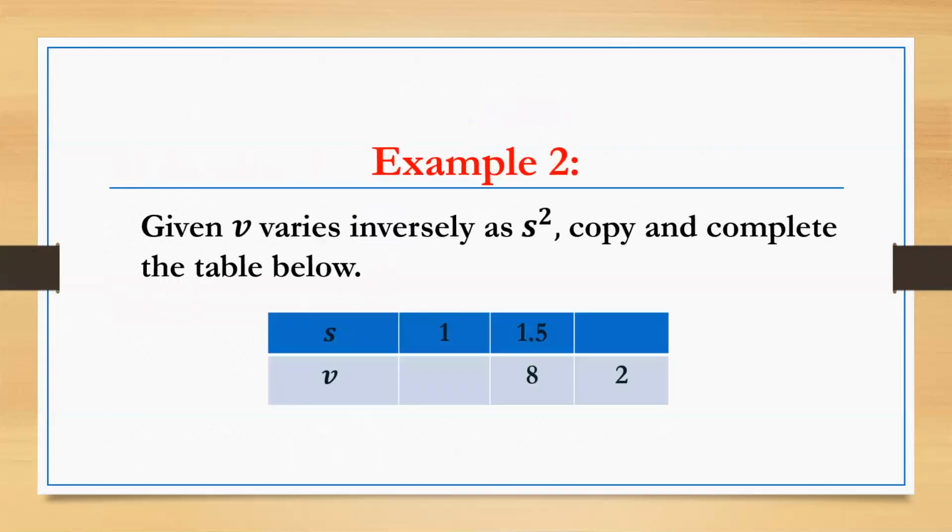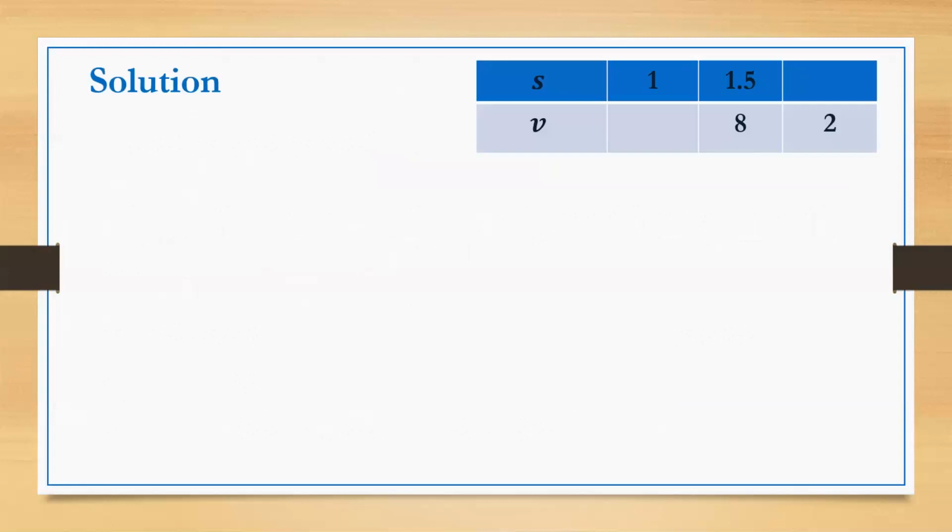Now the second example. Given v varies inversely as s squared, copy and complete the table below. We have a look at the solution. So we were given v varies inversely as s squared.